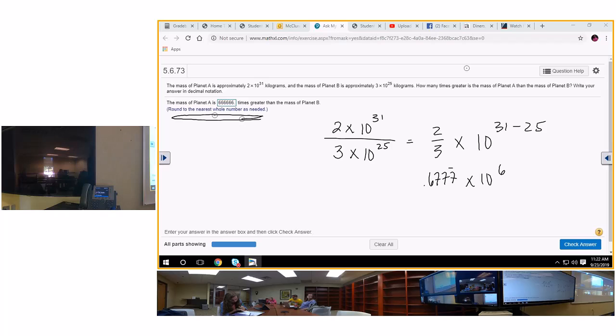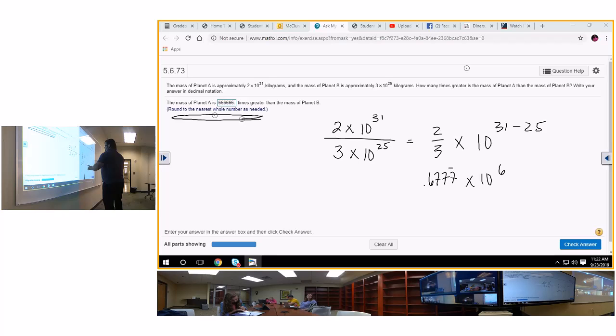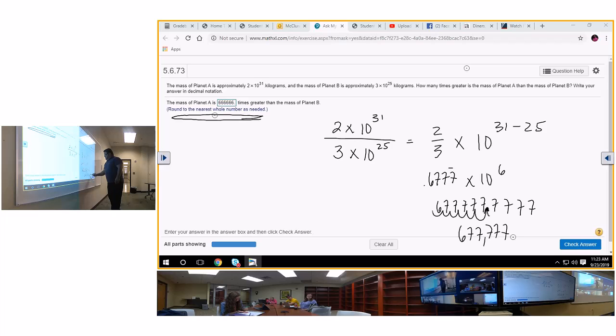Whole number. So that means I've got to change this scientific notation into a regular number. So 0.6777777, since it's repeating, and I need to move it how many times? 6 places. 1, 2, 3, 4, 5, 6. So that's going to be 677,777.7 repeating.